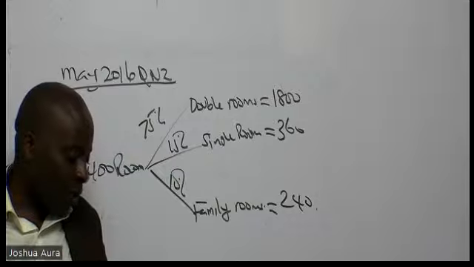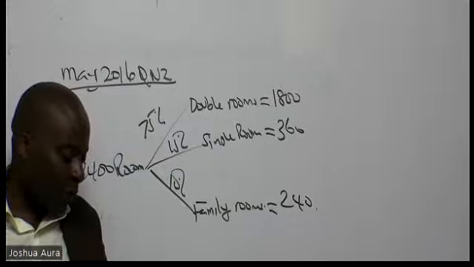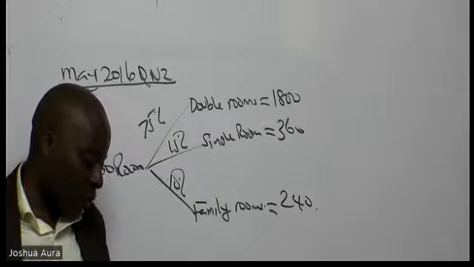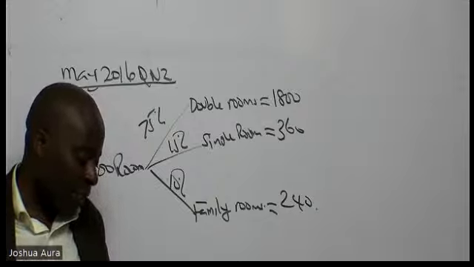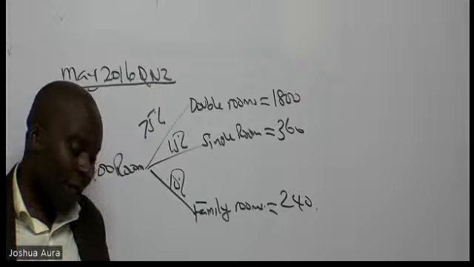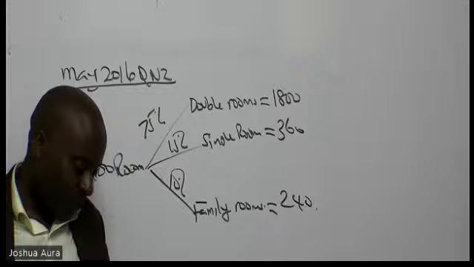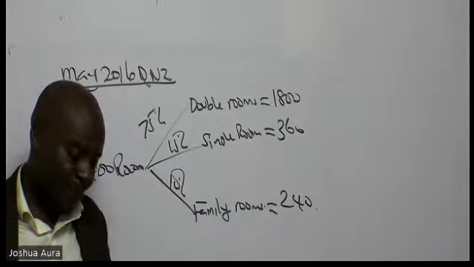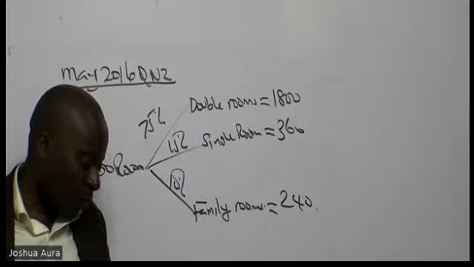The hotel management expects all single and family rooms to be sold out for each of the 5 nights of the tournament. However, they are unsure whether the fee in respect to the double rooms should be increased or decreased. At a price of shillings 4,000 per room per night, they expect an occupancy rate of 80% of available double rooms.